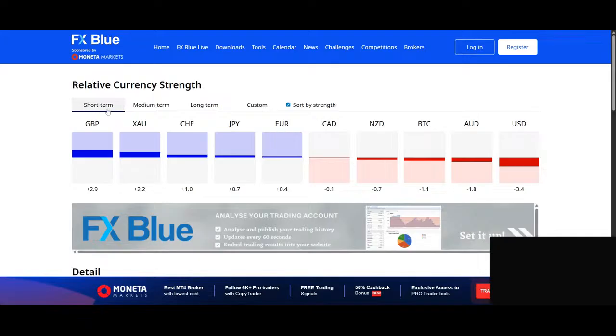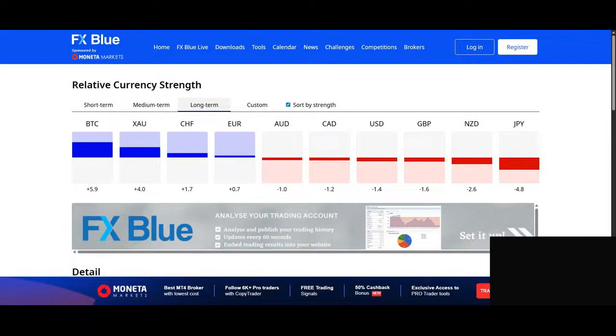Hi GJ, short term is a buy, medium term is a sell. I'm very sure. Oh, it's still a buy, but they're both weak. A buy, long term buys. Oh, okay.